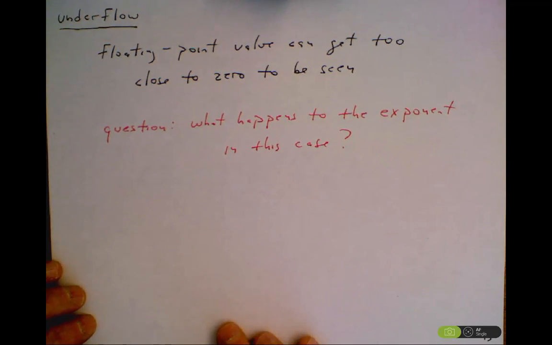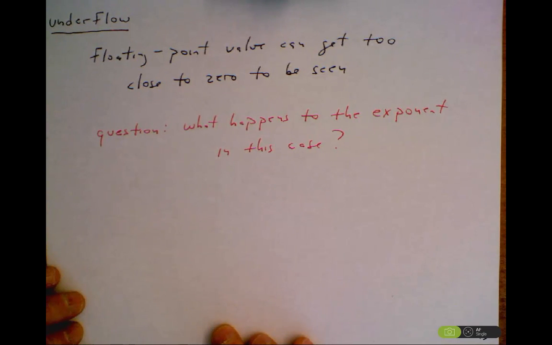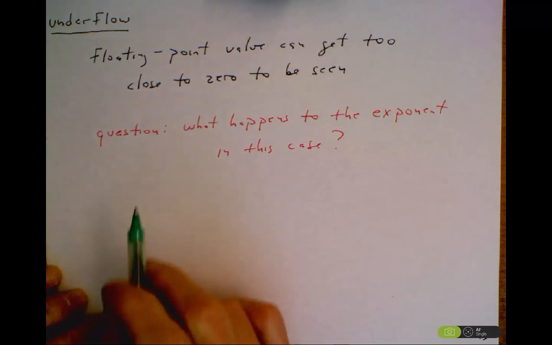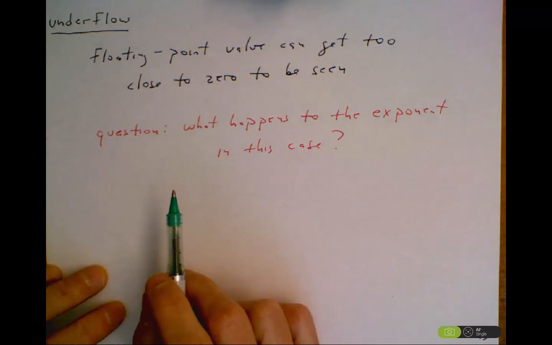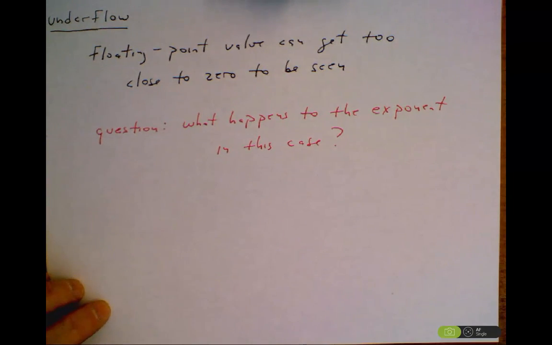Sort of the reverse: overflow is on the opposite of 0, where the magnitude gets too big to be represented. In this case, the number gets too tiny in magnitude and it vanishes. So the question is, what happens to the exponent in this case?